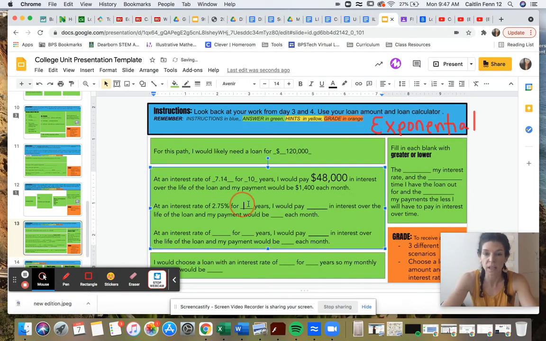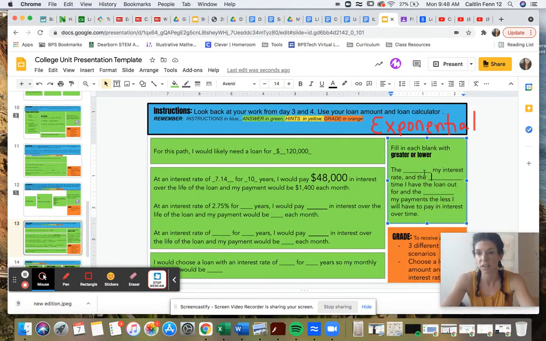So you're going to put in different options, and then what would you choose? So you can put in the 10-year one, you can put in the 15-year one, you can put in the 5-year one, and then say this is the best one for you. Okay. Then you're going to answer this sentence, fill in what this means based on what you see.